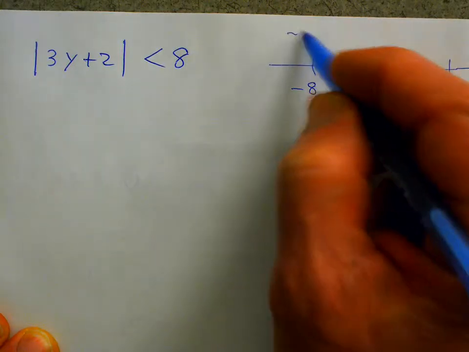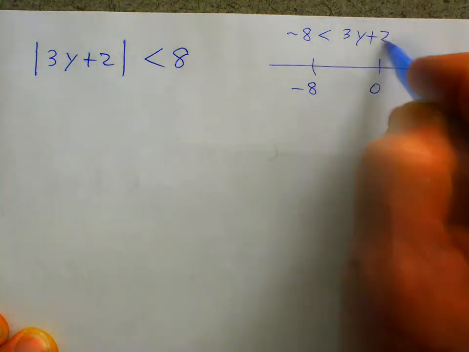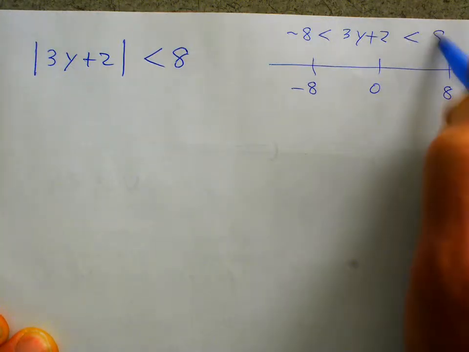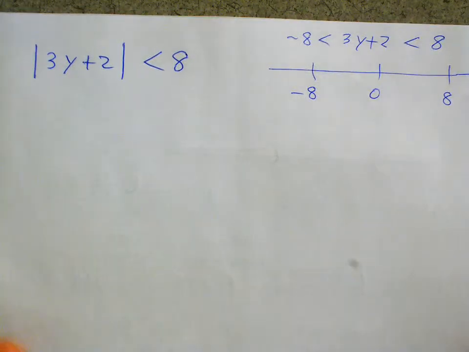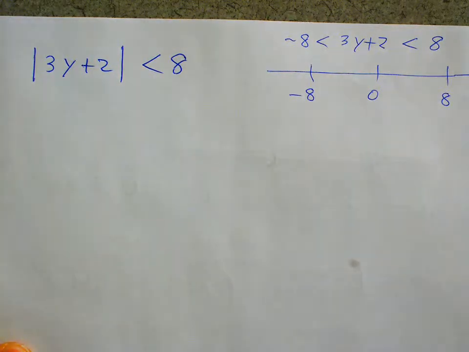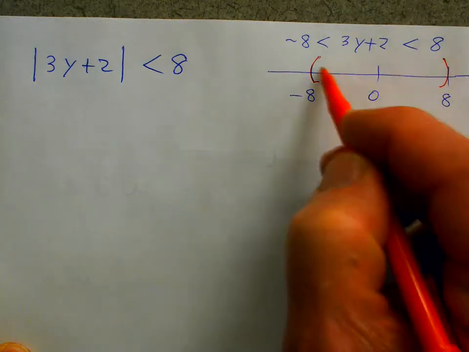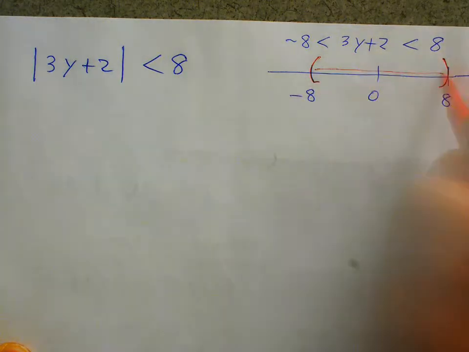So in other words, negative 8 has to be less than 3y plus 2, which is less than 8. Isn't that right? If the distance this number is from 0 is less than 8, it can't get farther than 8 units away, right?